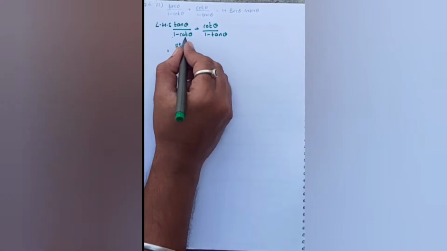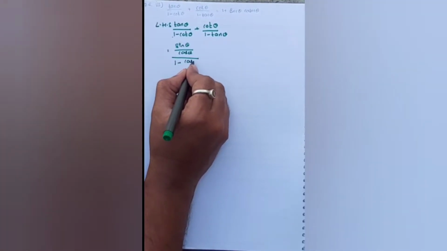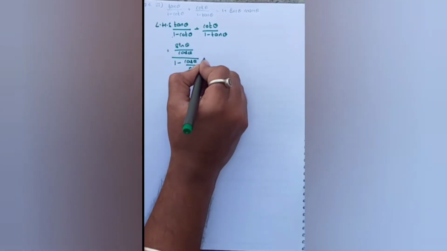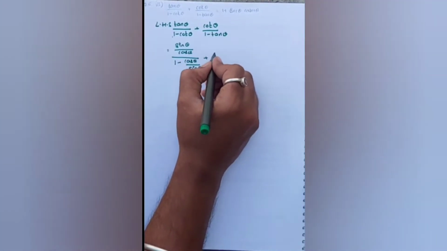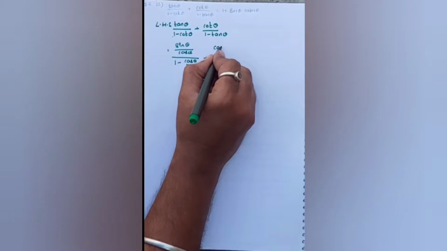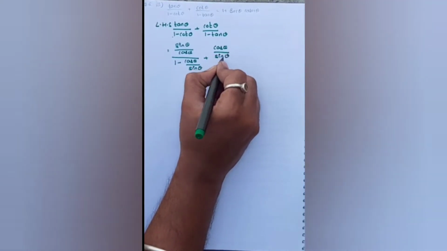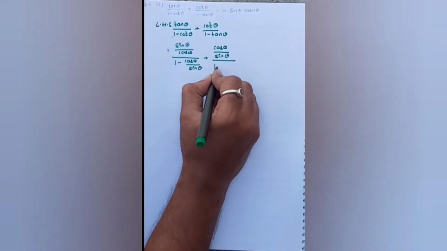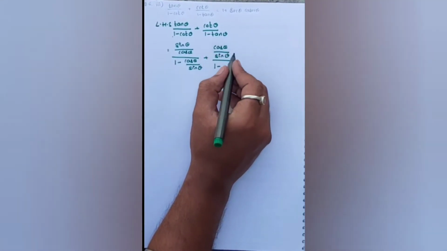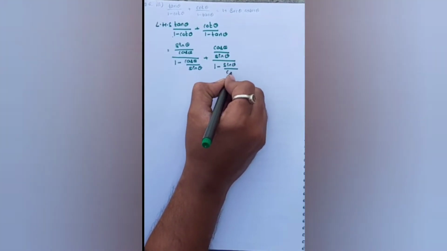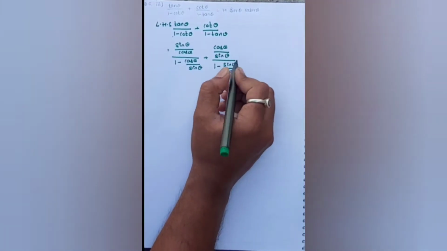Cot theta we can write as cos theta divided by sin theta, and plus here also cot theta, which we can write as cos theta divided by sin theta, and this divided by 1 minus tan theta. Tan theta we can write as sin theta divided by cos theta, right?